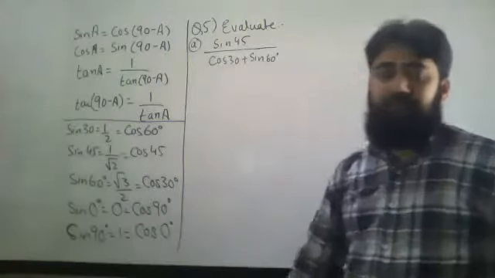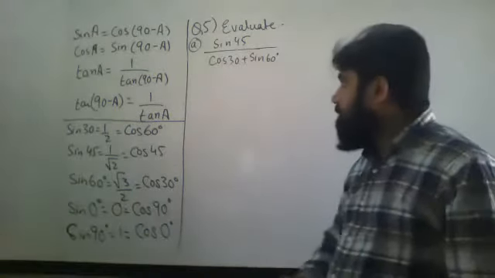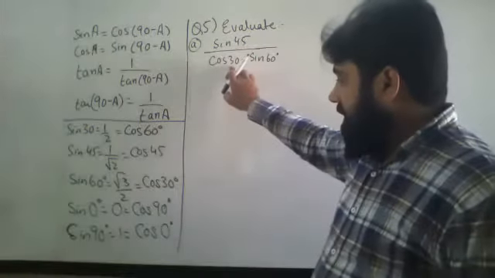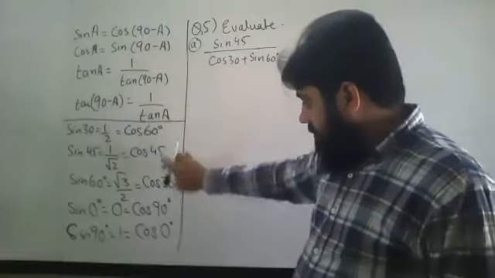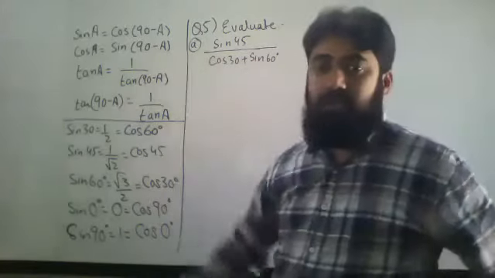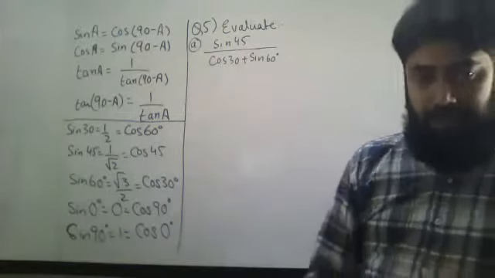They are telling us to evaluate this one. Okay, so quite simple. Sine 45 value is given, cos 30 degree is also given, and sine 60 degree is also given over here.